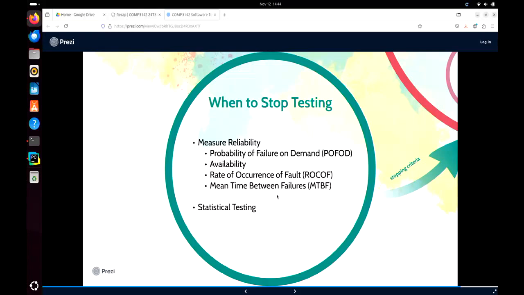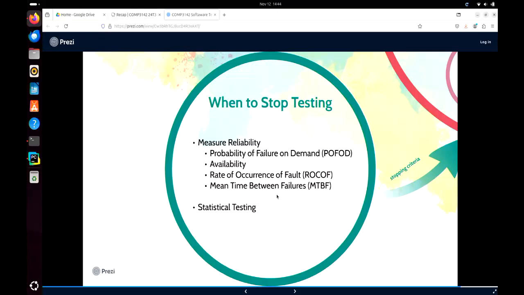In order to measure this reliability, we can do statistical testing. We can obtain the operational profile of a system to observe which features or which parts of the code are used more frequently by the users.